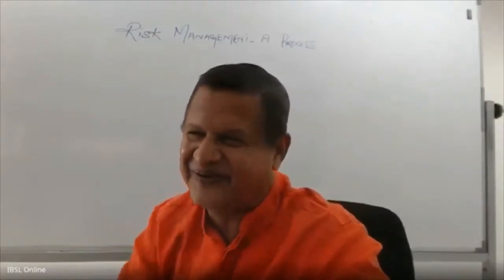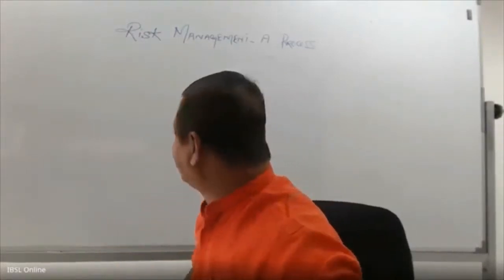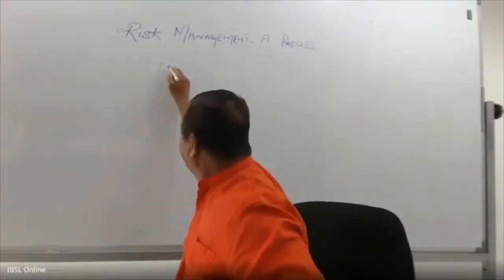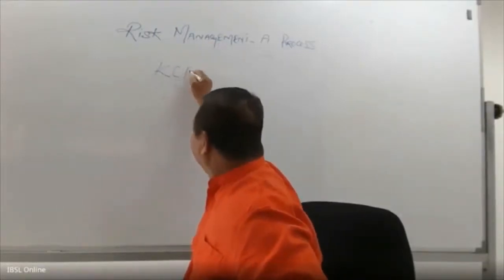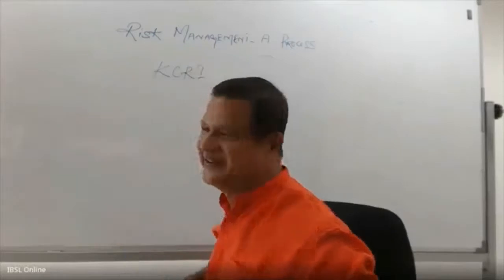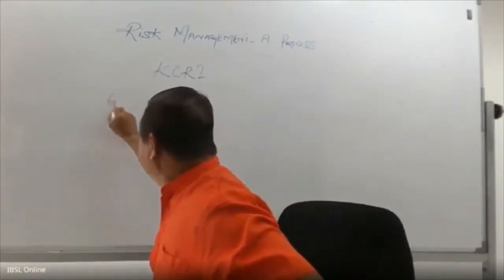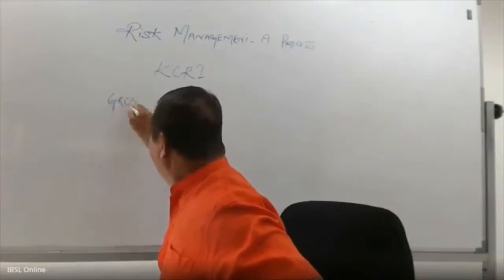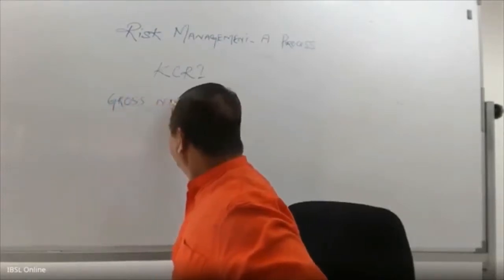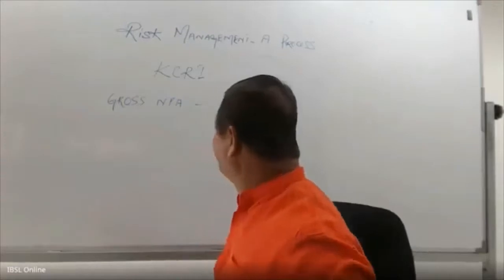I just want to work on the key credit risk indicators. We call it KCRI. First one is gross NPA.